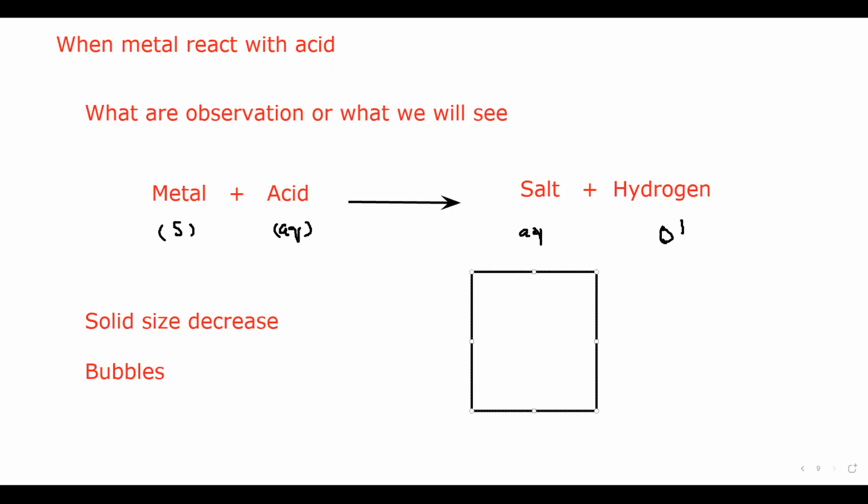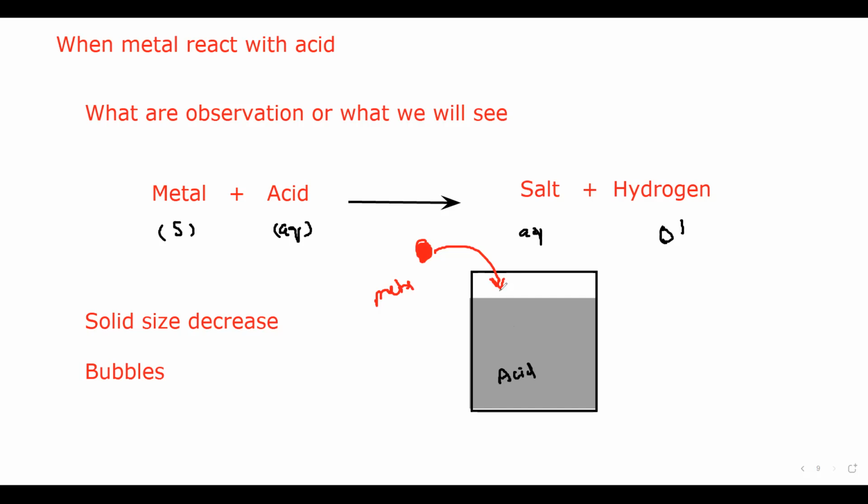For example, you have a container with a solution that is having acid, and you add a piece of metal. Metal is solid; this represents a piece of metal. The moment you add the metal, the metal will react with acid.